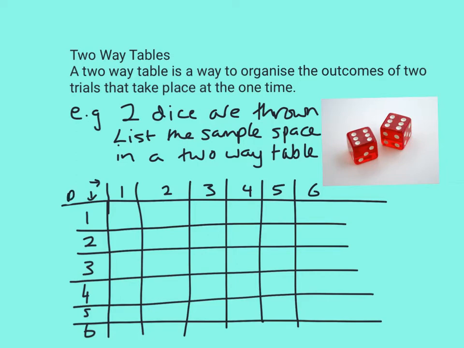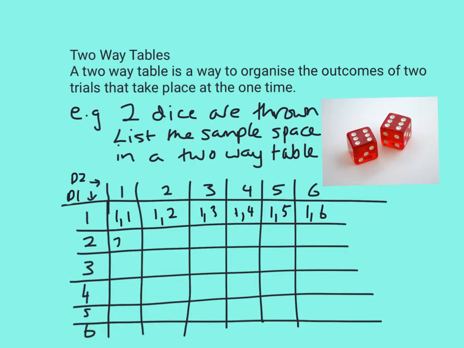I think for D1 we'll work from this side first, so D1 and D2. So the first roll of the die, I get 1,1, 1,2, 1,3, 1,4, 1,5, 1,6. So they're the possible outcomes if the first die lands on 1, all the possible outcomes that could happen for dice 2. And you just fill that in the whole way down.